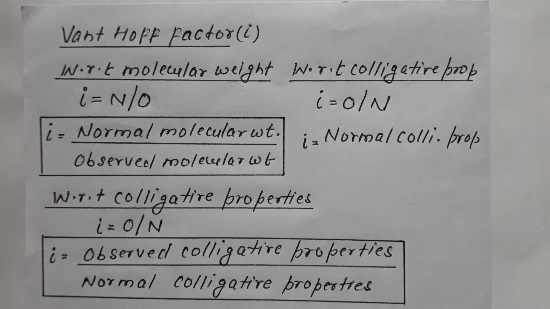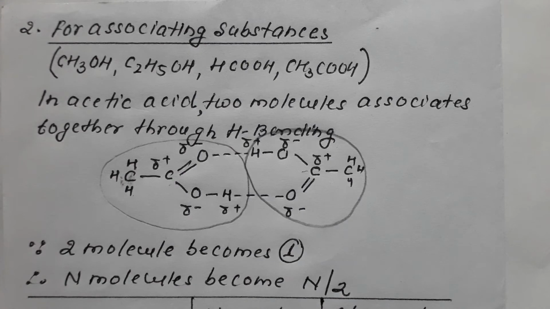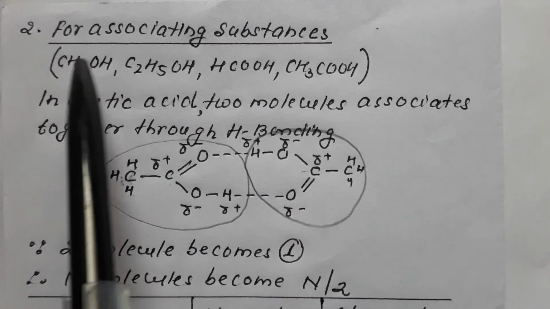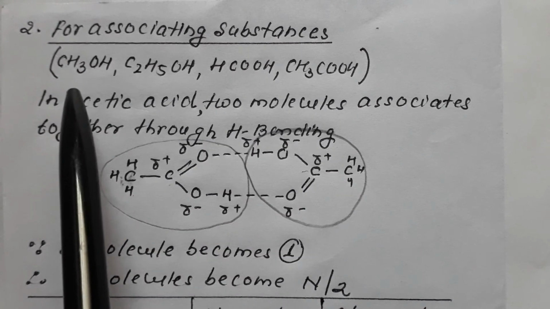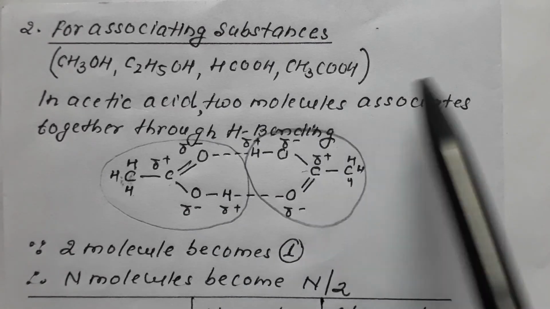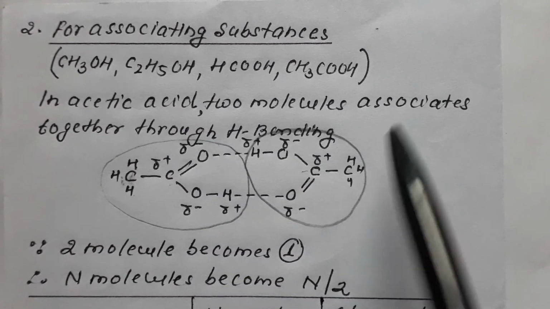Let us apply this Van 't Hoff factor to those substances which associate in the solution. Associating substances are like methyl alcohol, ethyl alcohol, formic acid, acetic acid, etc. Now if I discuss acetic acid, what happens?